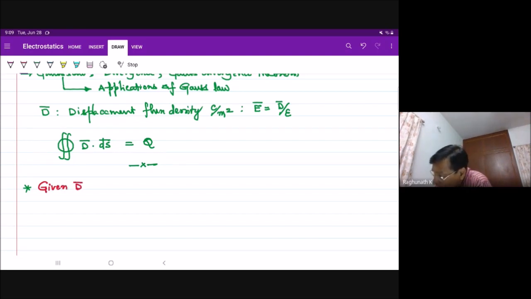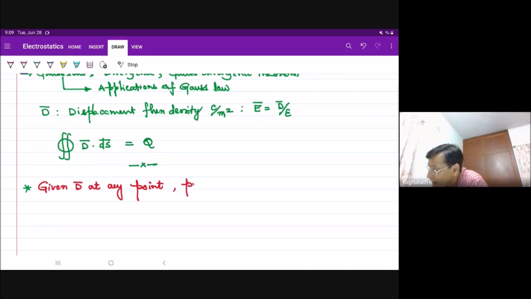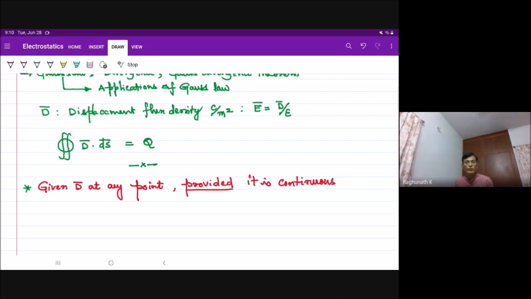Given D bar at any point, provided, today I am talking about this, provided it is continuous everywhere.